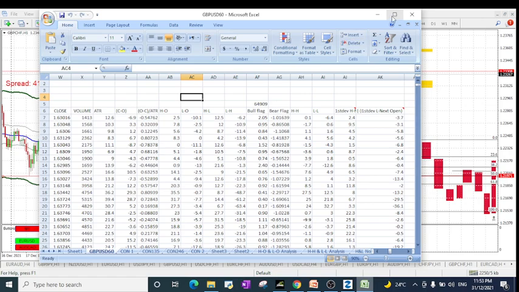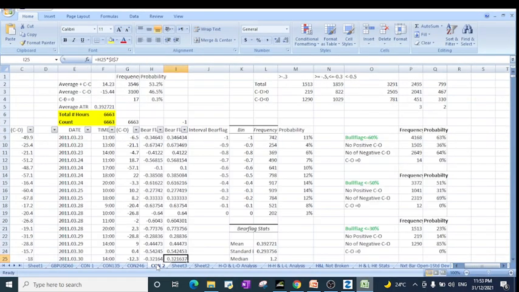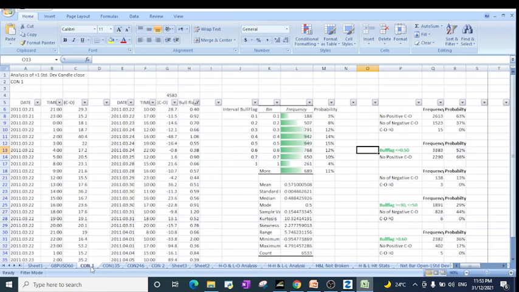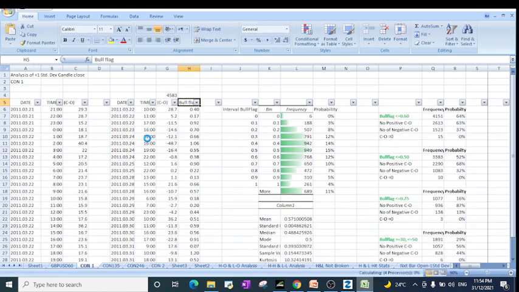Okay, so here is the work I've done on that. When we have a strong push in a particular direction, so this is a bull flag, clear filter, a bull flag.